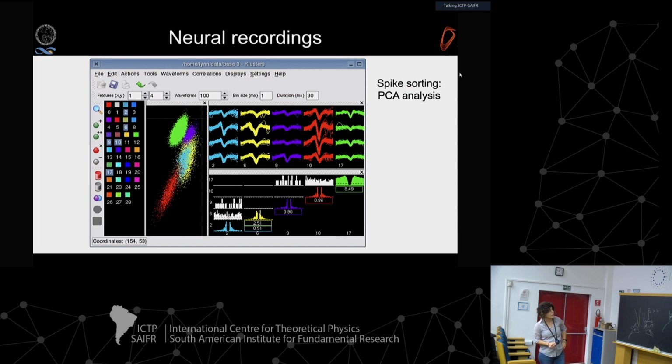We also call it cluster cutting, because you have a cluster of your neurons, and this is highly dimensional. This is a two-dimensional plot, but then you change the axis and you have little clouds and you kind of separate your spikes like this. Okay? So from one recording with a tetrode, you can have individual spikes.